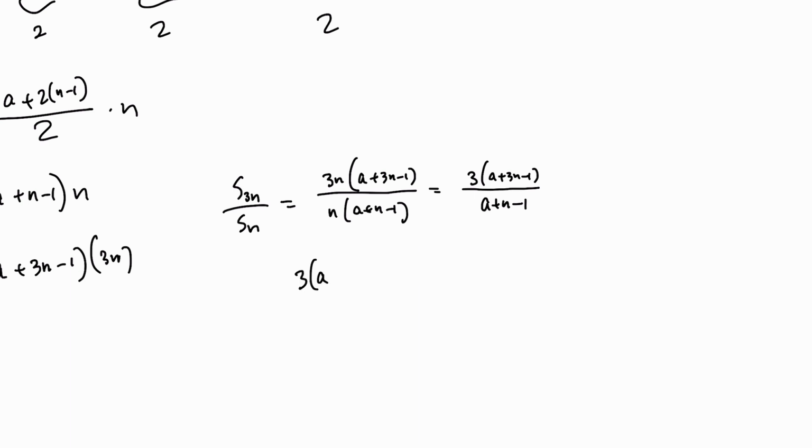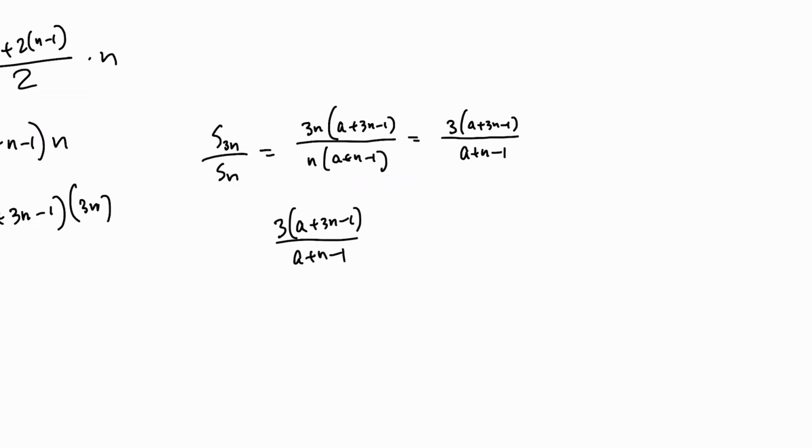If we have n equals 1, then it will be 3 times a plus 3 minus 1, or 2, over a plus 1 minus 1, which is a. If we have n equals 2, then we have 3 times a plus 6 minus 1, or a plus 5, over a plus 1.